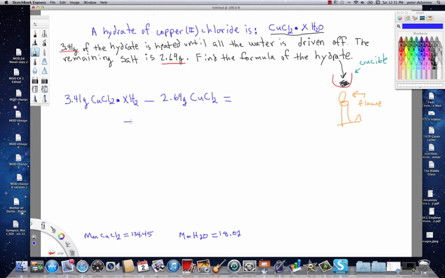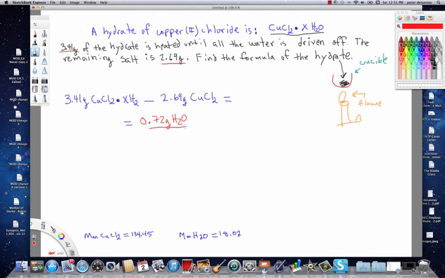So if we take the difference of these two masses, we get the mass of the water, which is 0.72 grams in this case.